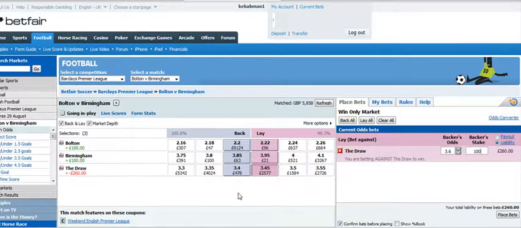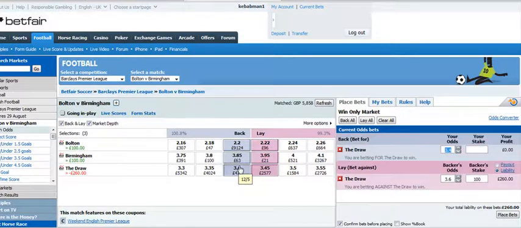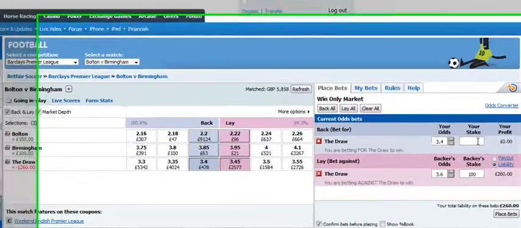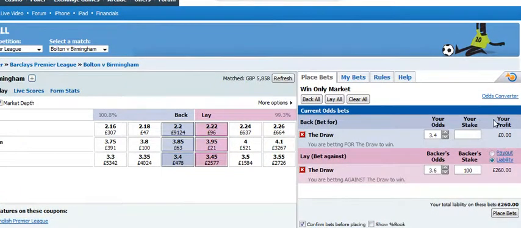So what we'll try and do now, we'll show you a metal tone technique named by the man himself, a member to our service, good lad that he is. And so the dog scores first, Birmingham in this case, and the draw price doesn't actually drift out, it actually steams in a few ticks.